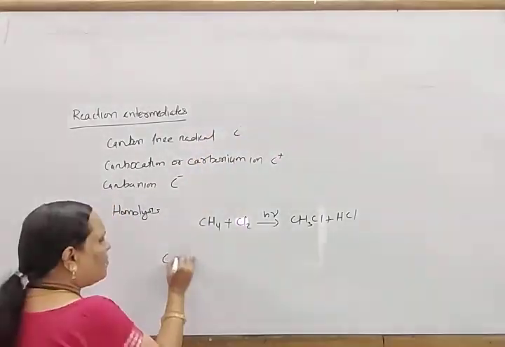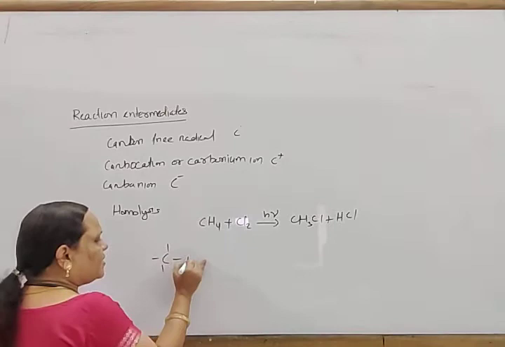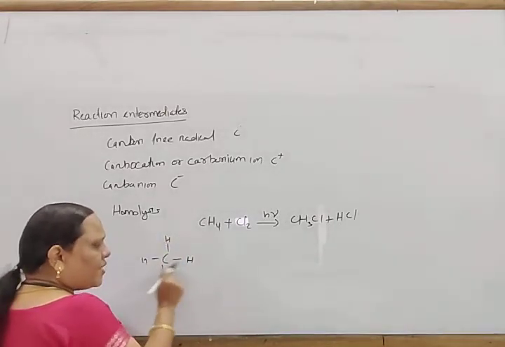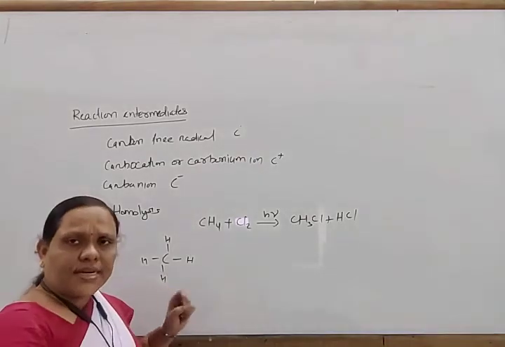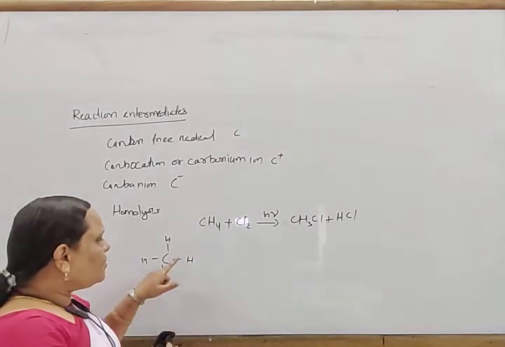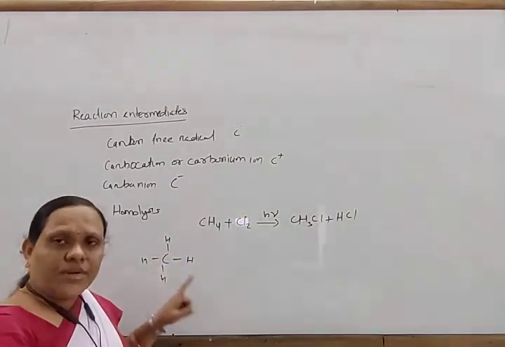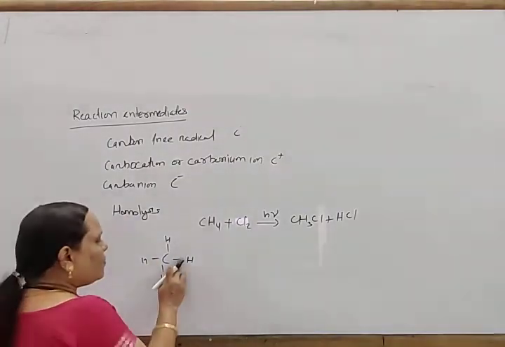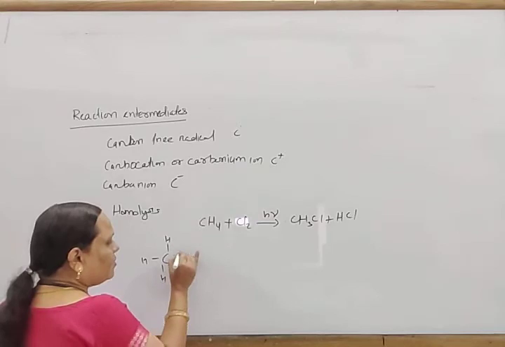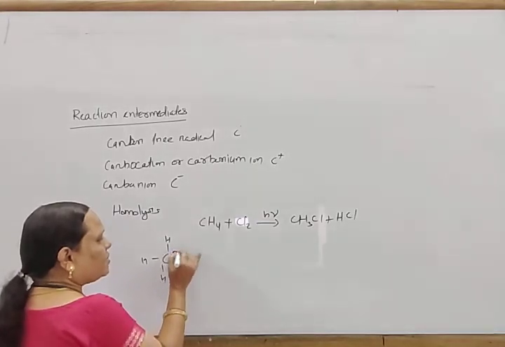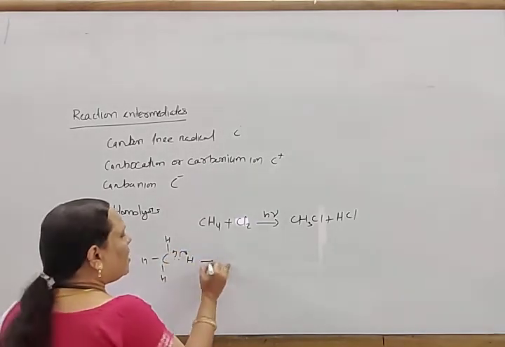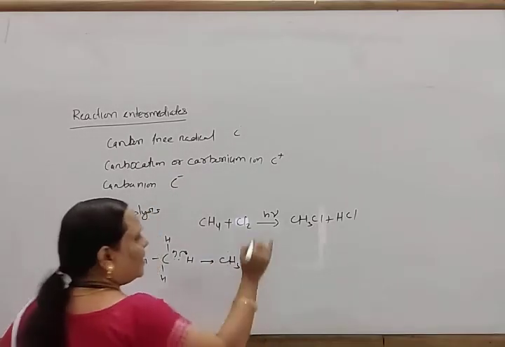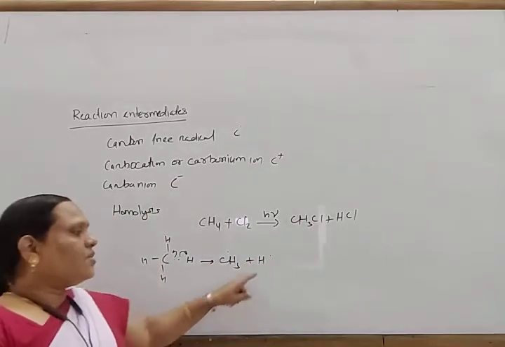What happens? Look here, there is C and H. Between carbon and hydrogen the electronegativity difference is very small, so this bond is actually non-polar. Due to this, the shared pair of electrons is equally distributed between carbon and hydrogen. As a result, it can form CH3 free radical plus H free radical, hydrogen free radical.